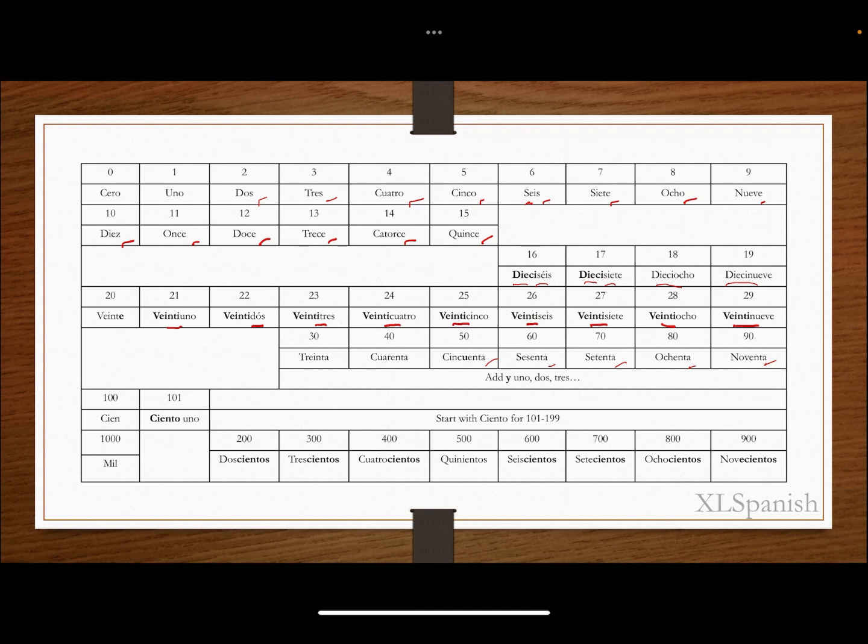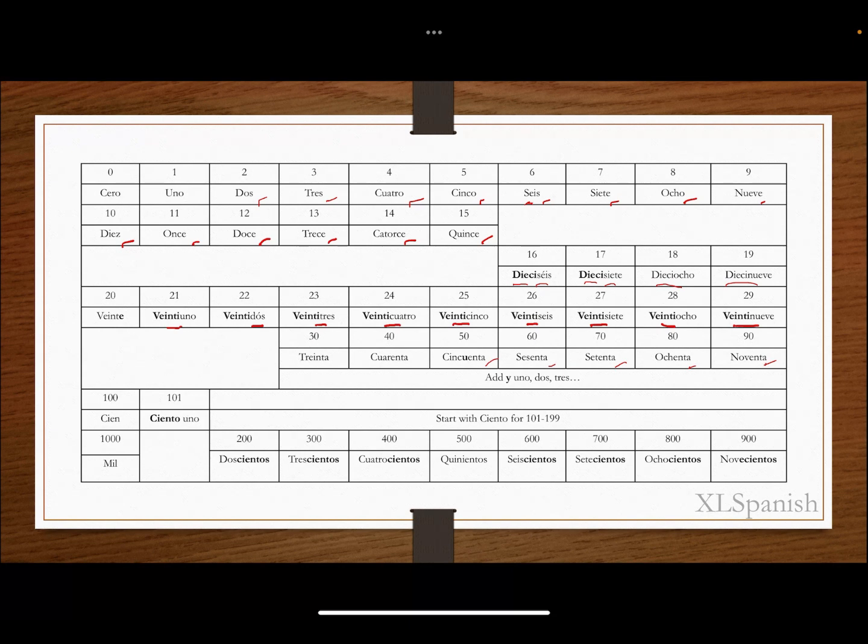Okay. When you get to 100, 100 is cien. 100 is a very unique number because it's the only number that is pronounced and said as cien. 101 and every other 100's number is no longer going to be cien.